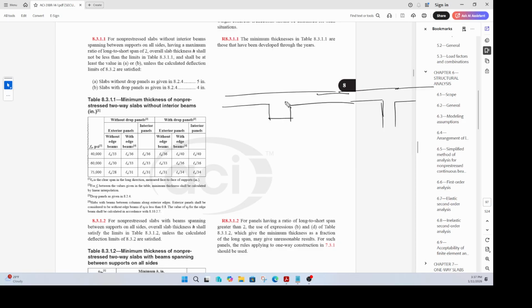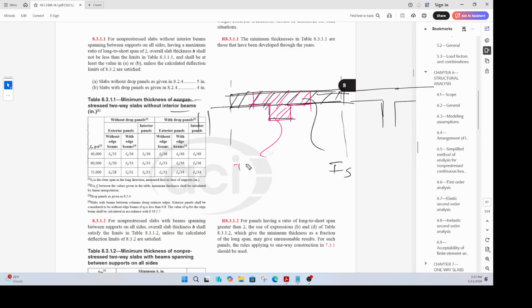The moment of inertia of the slab would be from the center line of that span to the center line of this span. So this entire portion of the slab has to be considered in the moment of inertia of the slab calculation. That is for the moment of inertia of the slab, and you need to consider this portion for your moment of inertia of beam calculation.